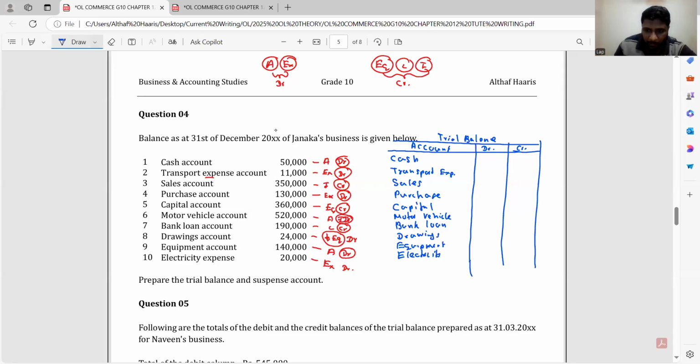So just keep one line and balance it, Lamai. Keep one extra line and balance it.